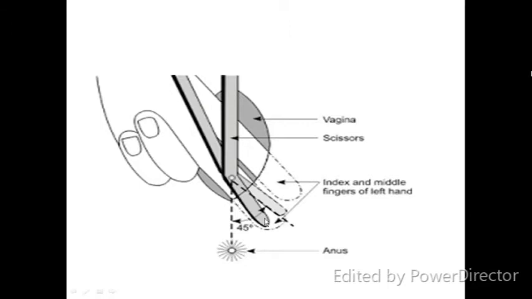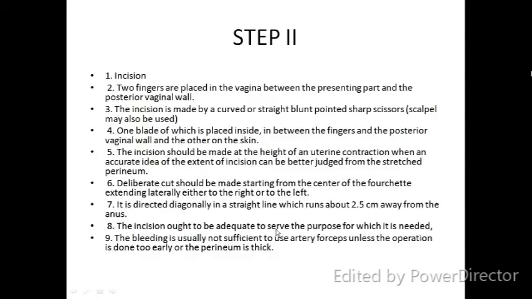Then after infiltrating, give the incision at this 45 degrees. What is very important is that the index finger should be between the head and the perineum, to prevent injury to the head. The incision is made by curved or straight, blunt, pointed, sharp scissors, one blade placed inside between the fingers and the posterior vaginal wall and the other on the skin.